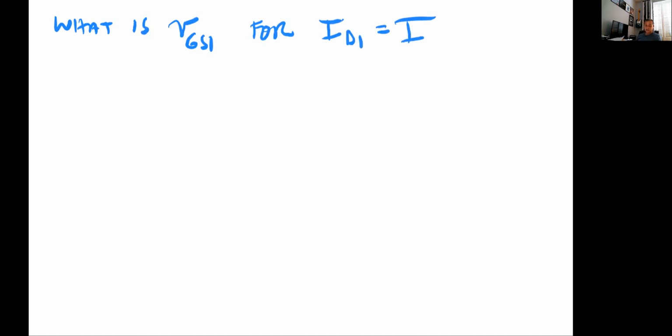When essentially transistor 2 is off, or when we could even say transistor 2 is coming out of being off. So VGS2 is equal to the threshold voltage. So in that case, we know what the current is. We said that that's all the current. So the circuit is no longer balanced. All the current is flowing through transistor 1, and we apply the drain current equation.